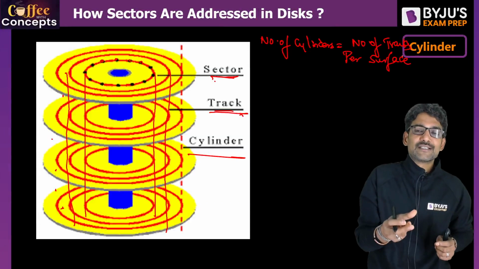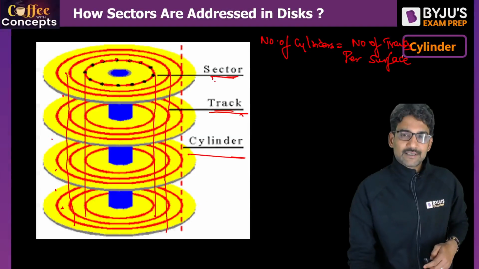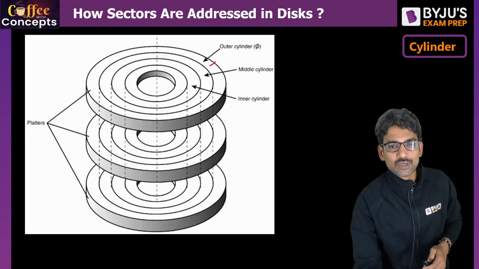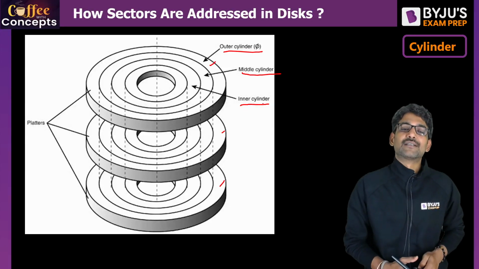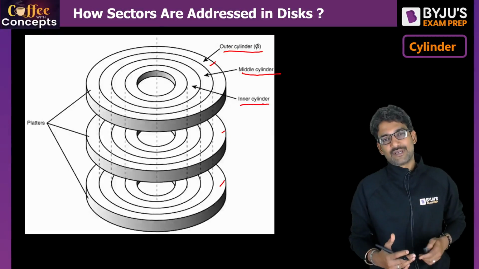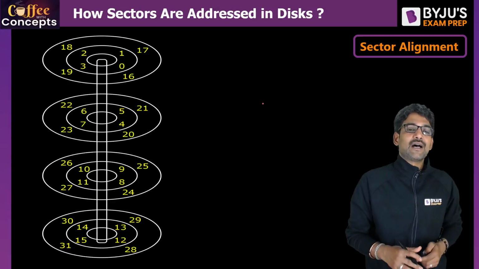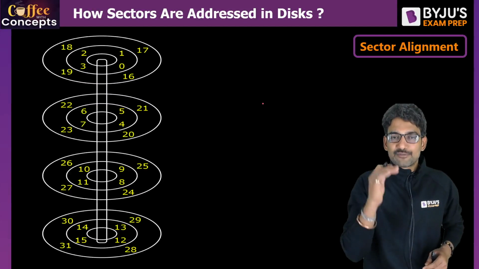All outer tracks together are the outer cylinder, middle tracks together the middle cylinder, all inner tracks together the inner cylinder. So how many tracks we have, those many cylinders we will have.